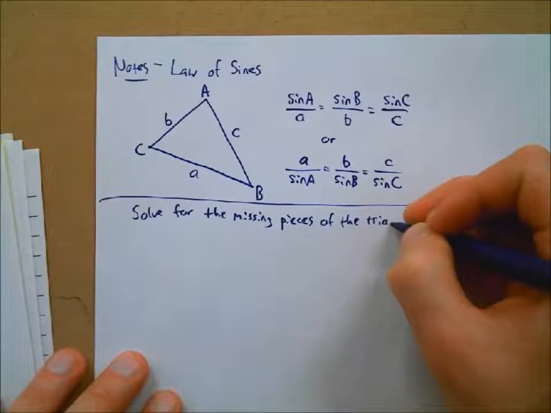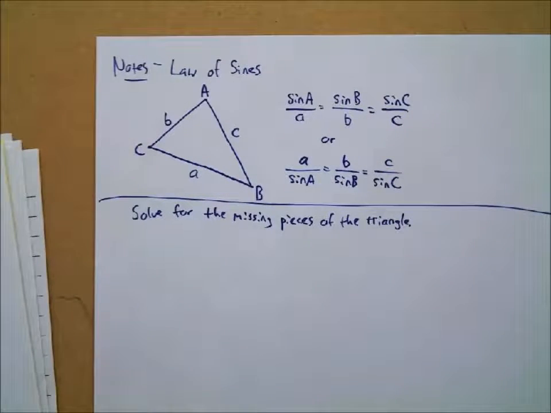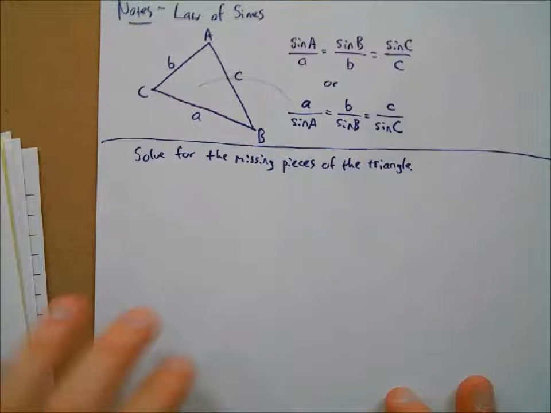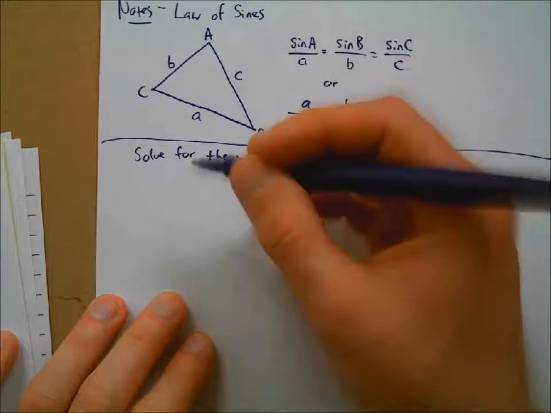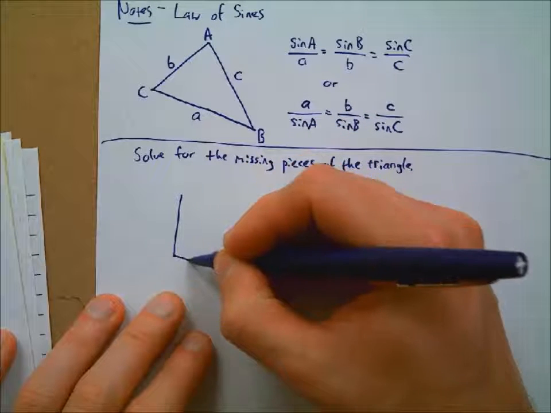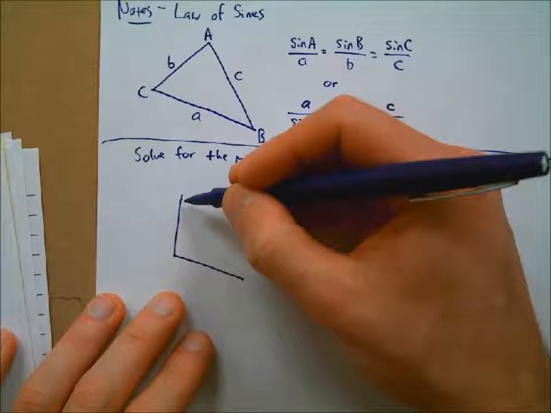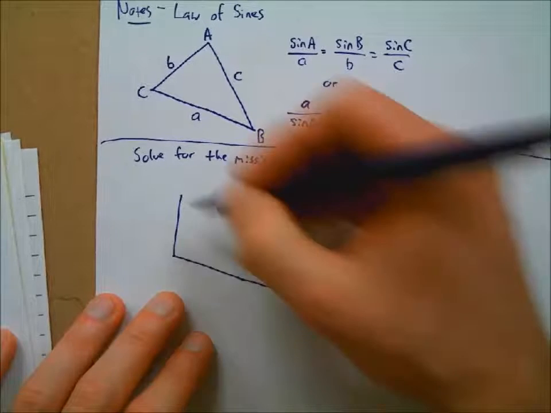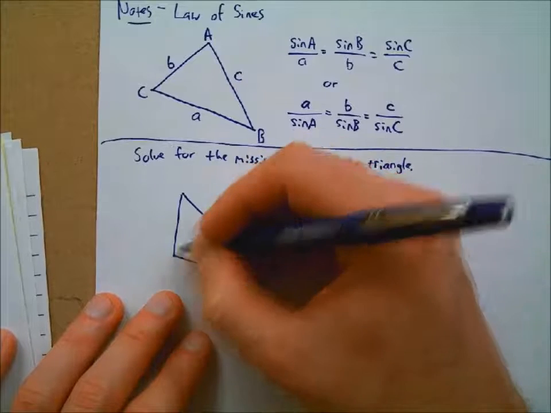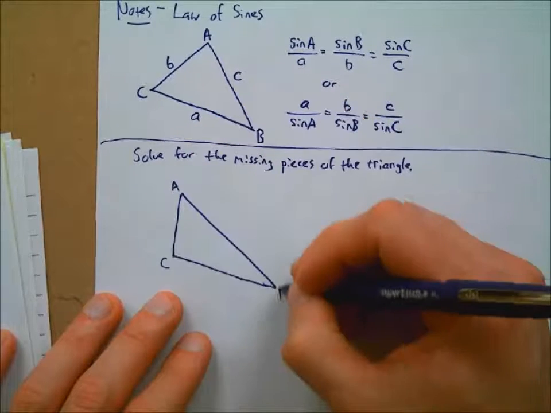Sometimes the directions are simply solve the triangle, which means come up with all the angles, come up with all the sides. Okay, and I'll draw a picture here. And we'll say there's C, there's A, there's B.